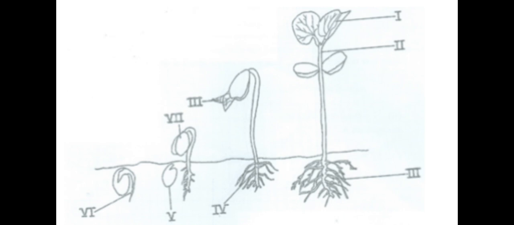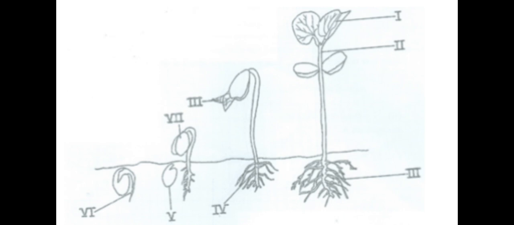Then the part labeled III is the lateral roots or the secondary roots. Then the part labeled IV is the tap root, or the primary root, or the main root. This tap root anchors the plant firmly to the soil. It also helps in absorbing water and mineral salts.